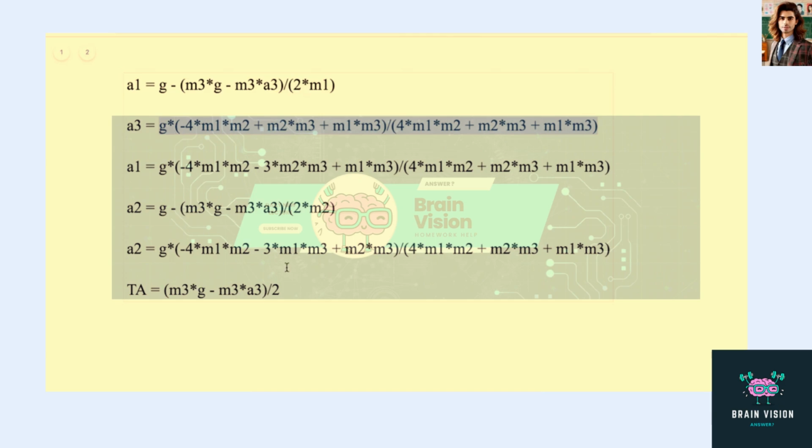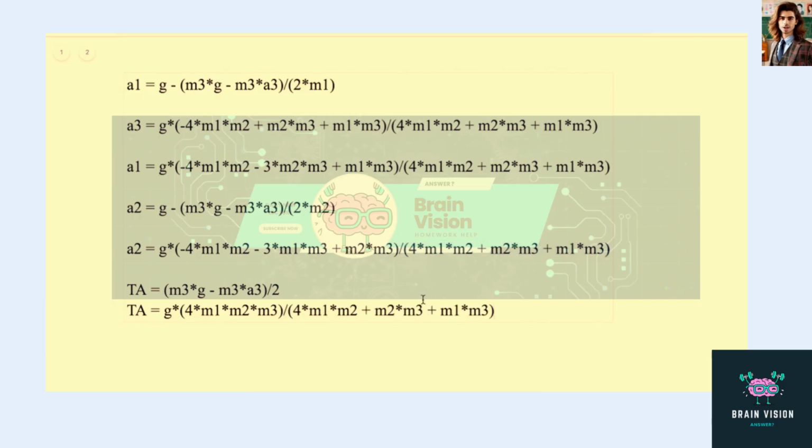So we would just want to plug this whole expression in for A3 here and simplify. So again, this is going to be pretty messy algebra. So I'm just going to write out the answer here. We're going to end up with G times 4M1, M2, M3, and then the denominator is the same as it is for all these other expressions.